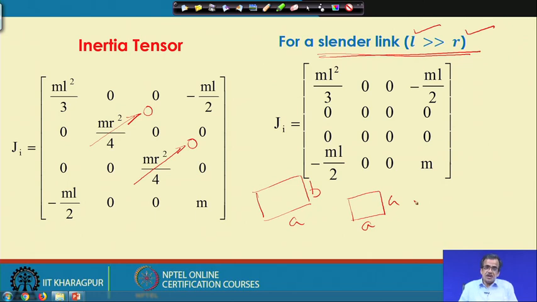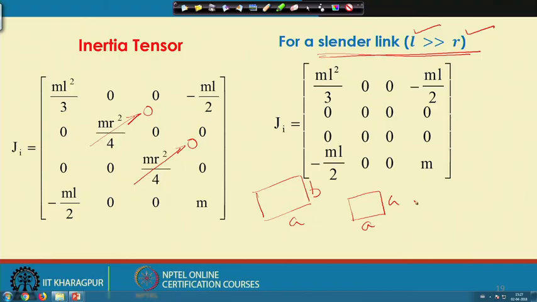Now, if you see in robots, we generally do not consider this type of robotic link having constant cross section. In the robotic link, the cross section is varying. The same is true in our hand also. For example, say if I consider this as the robotic link, if I take one cross section here and another cross section here, the cross section is not the same.